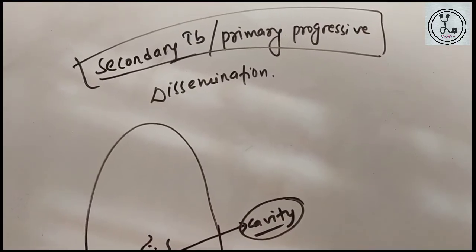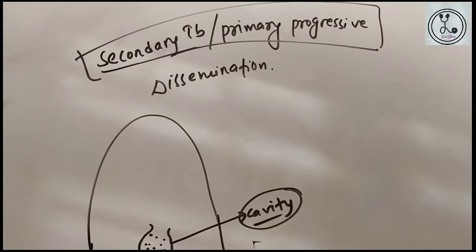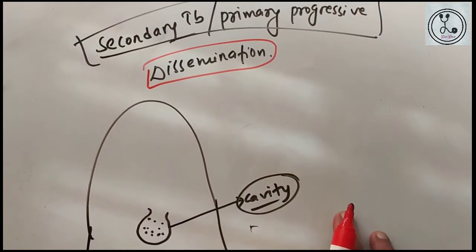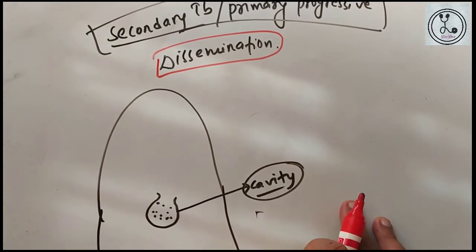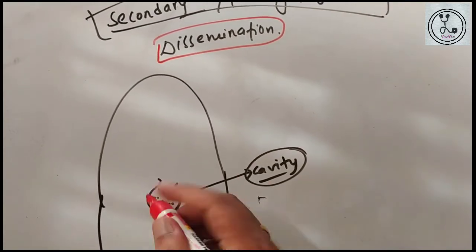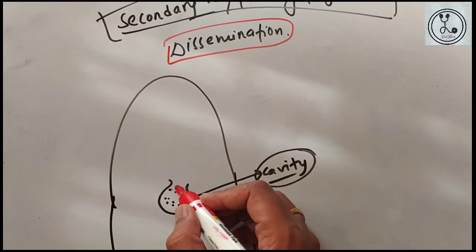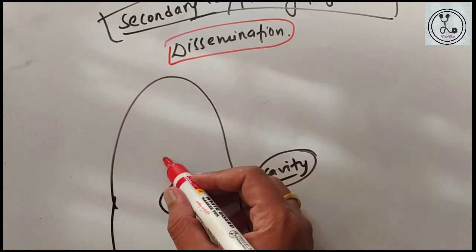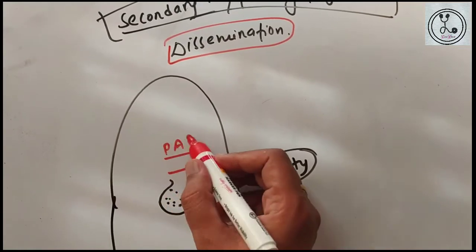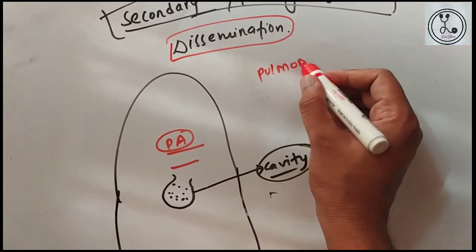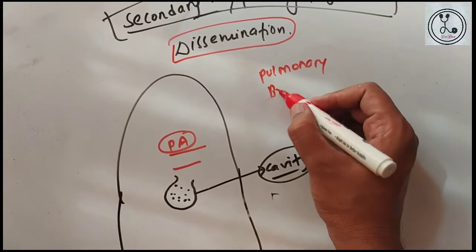So in secondary TB or primary progressive TB, if dissemination takes place, let's study how it takes place and how it affects different organs. Let us suppose this is a cavity, and from this cavity the dissemination will take place. If this cavity progresses and involves the pulmonary artery, as we know the lungs have two blood supplies, one from the pulmonary circulation and another from the bronchial circulation.